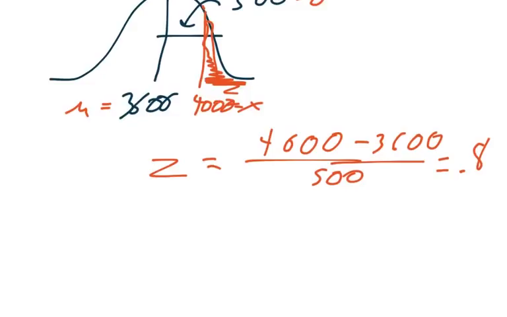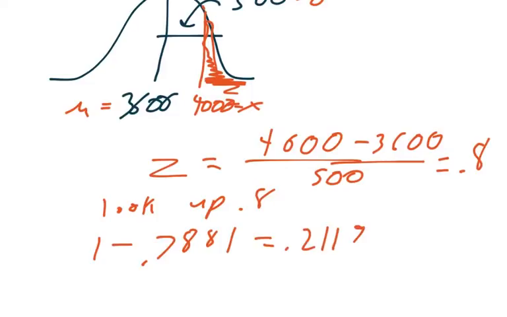For those of you using the z-table, look up 0.8 and then subtract that answer from 1. And when you do that, you get 1 minus 0.7881, which turns out to be 0.2119.